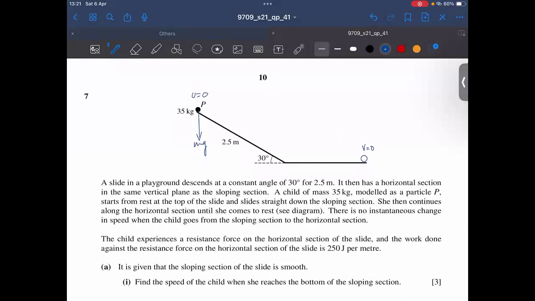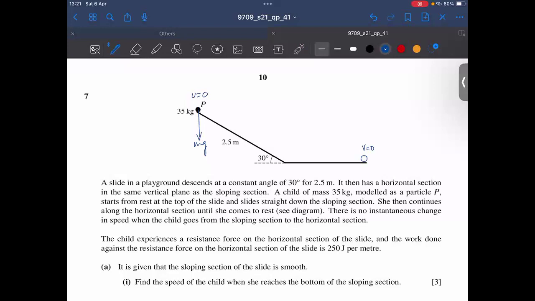There's no instantaneous change in speed when the child goes from the sloping section to the horizontal section, so the speed remains the same along both sections. The child experiences a resistance force along the horizontal section of the slide.